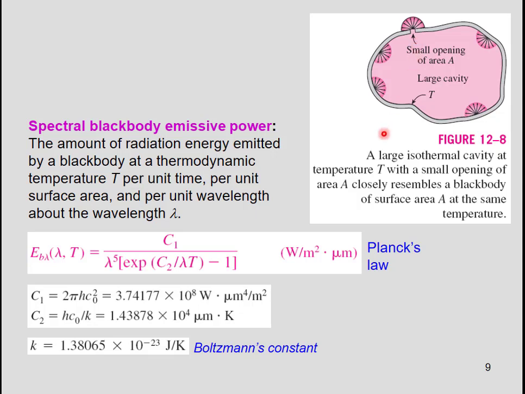It can be closely resembled as a black body of surface area at the same temperature. So in other words, this small opening of area is not that effective on the total power or thermal energy of these kinds of black bodies.